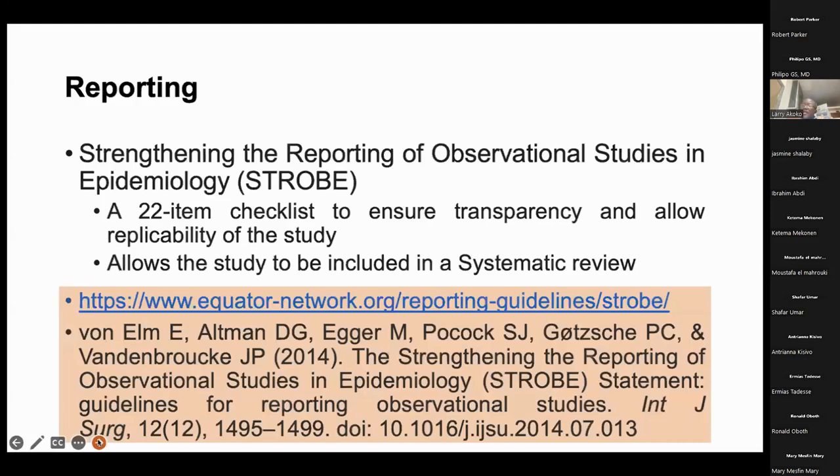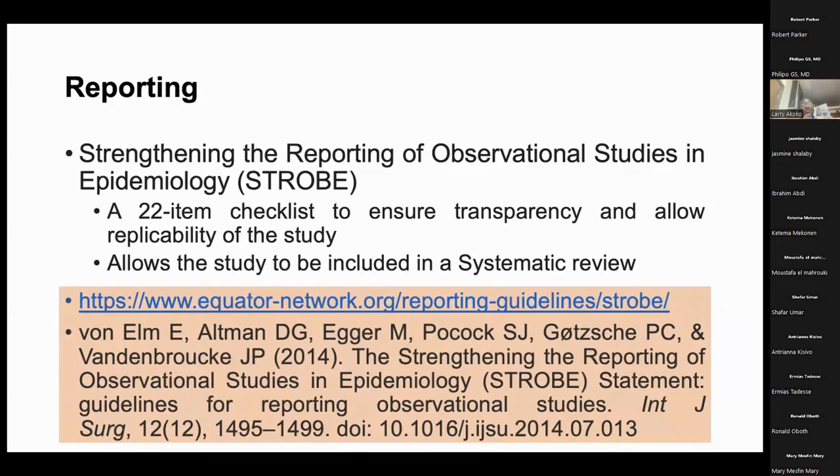Finally, I think one of the biggest problems that even I have faced several times is to ignore STROBE reporting guidelines for cross-sectional studies. Nowadays, I have STROBE as my important checklist. It's available freely on the website I've provided in the references below, equator-network.org, reporting guidelines for STROBE.